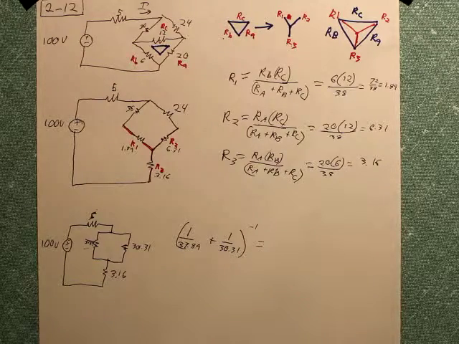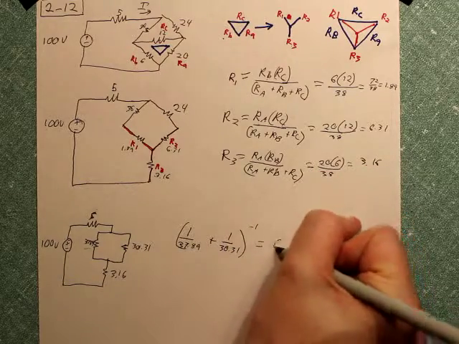So this is going to be 1 divided by 37.89 plus 1 divided by 30.31, then the inverse. We got 16.84.